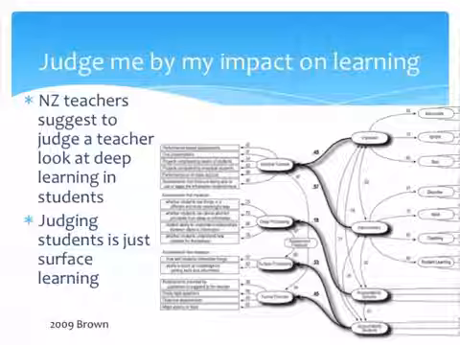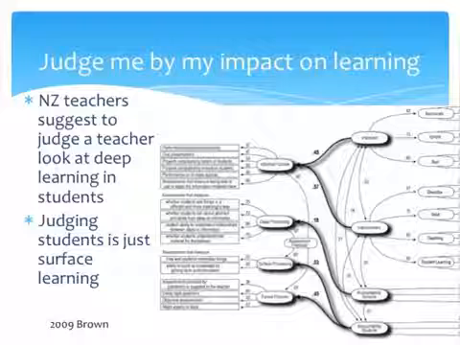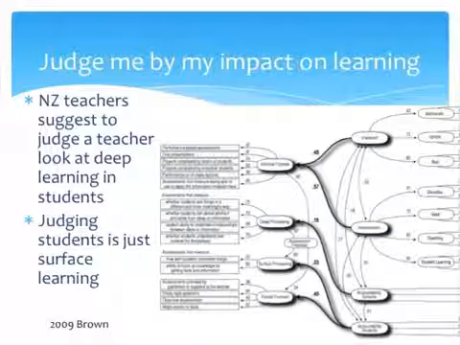And deep learning has to do with transformational understanding, not just remembering and recalling and regurgitating, but actually being able to do analysis and synthesis and criticism. And that's what teachers say. If you want to hold me accountable, make sure your tests pick up on those deep aspects of learning.